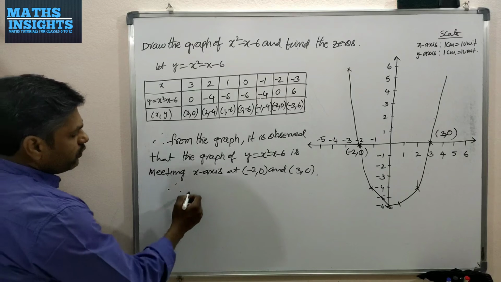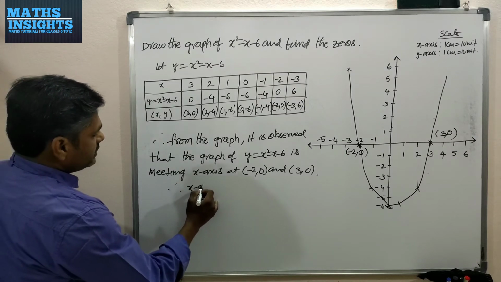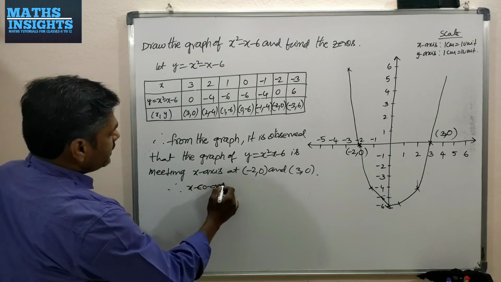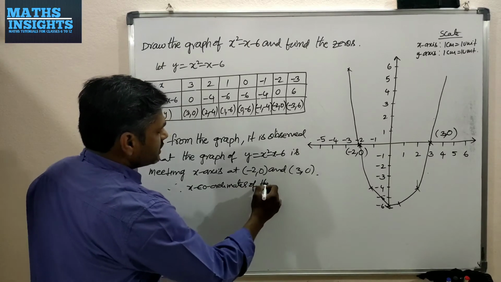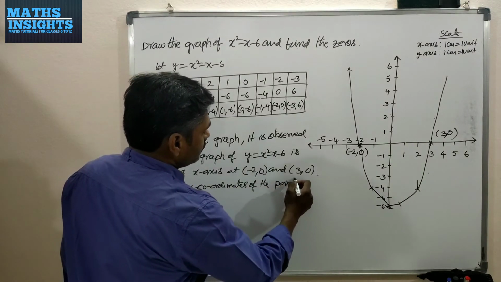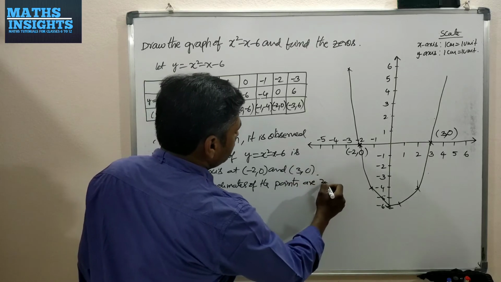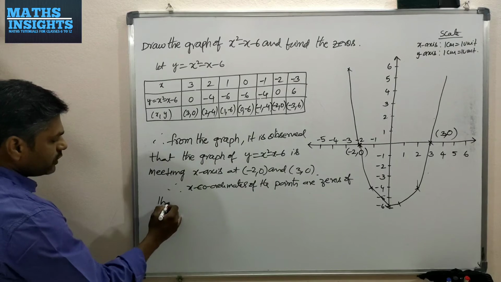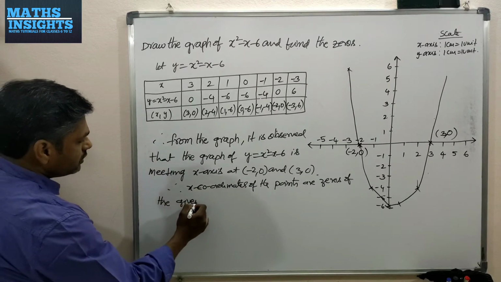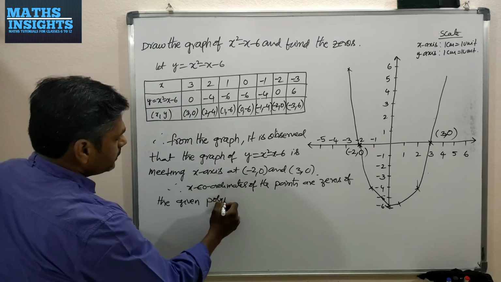Therefore the x coordinates of the points are zeros of the given polynomial.